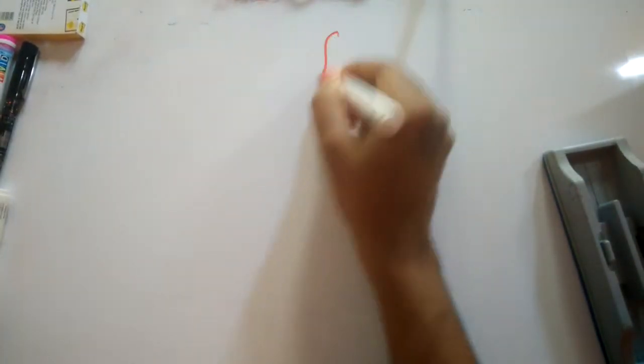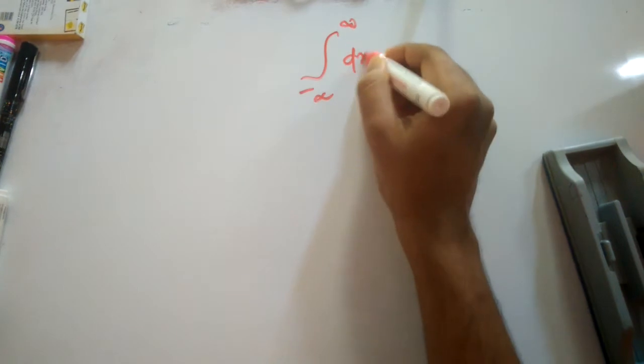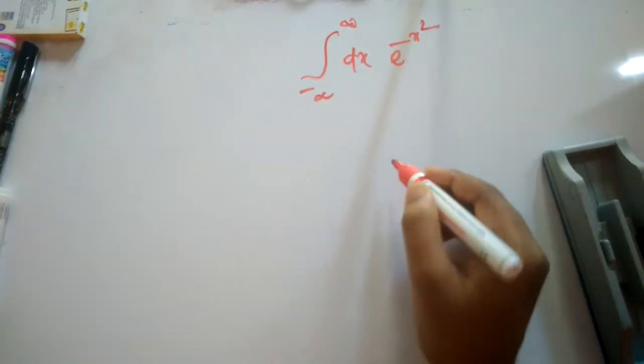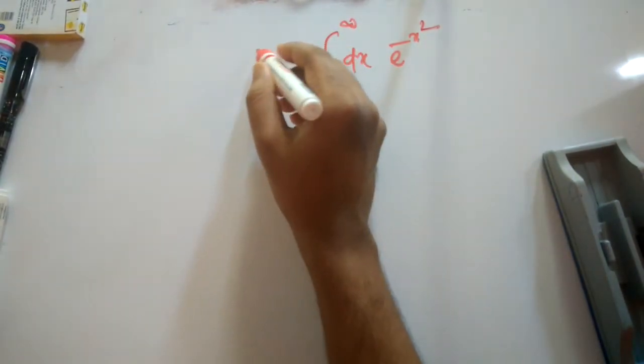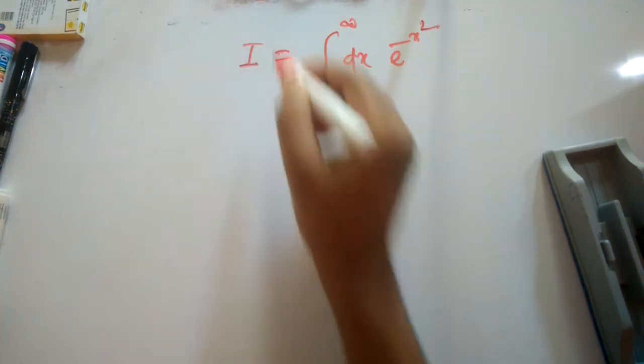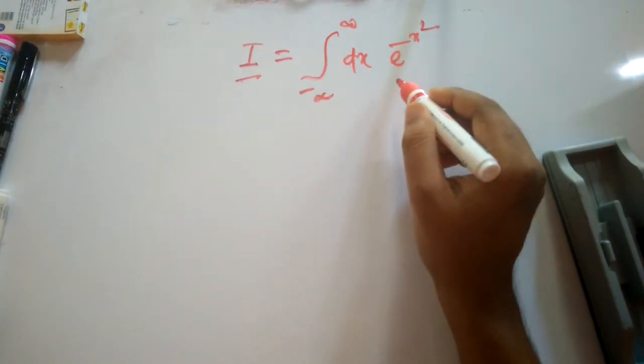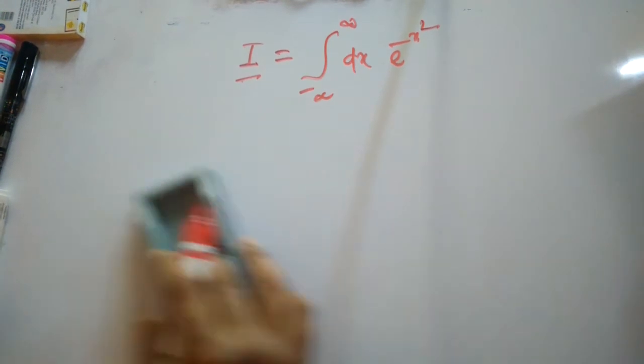So we start with the integration from minus infinity to plus infinity dx e^(-x²), and we name it as I.